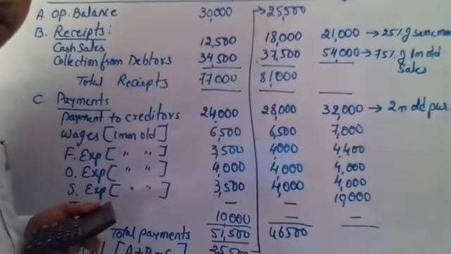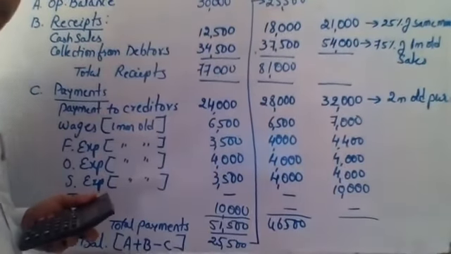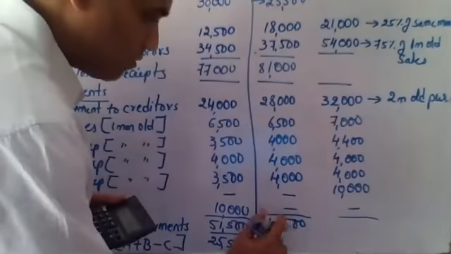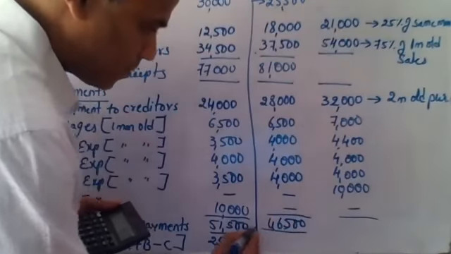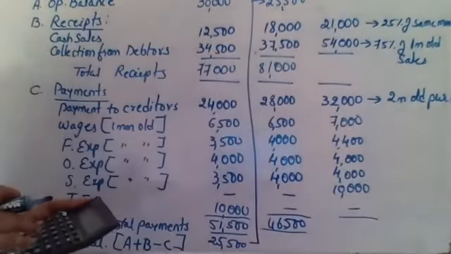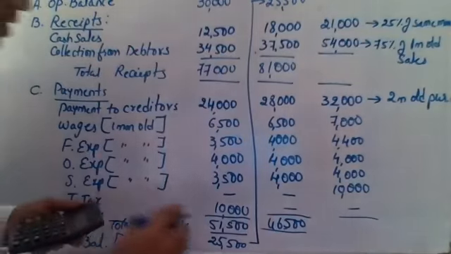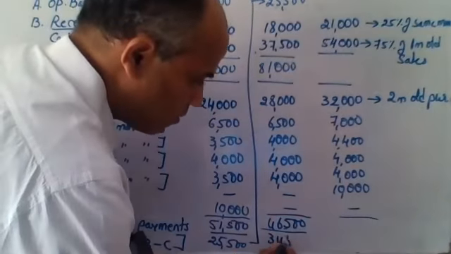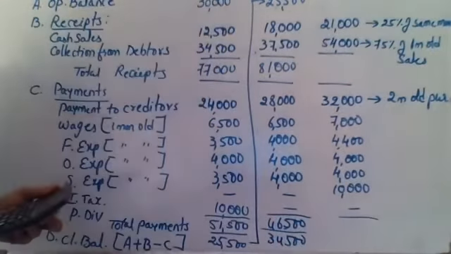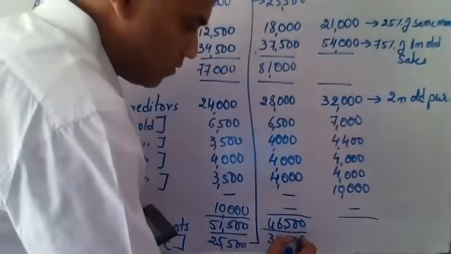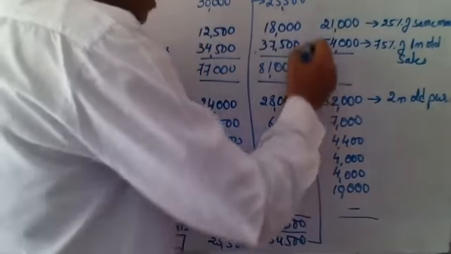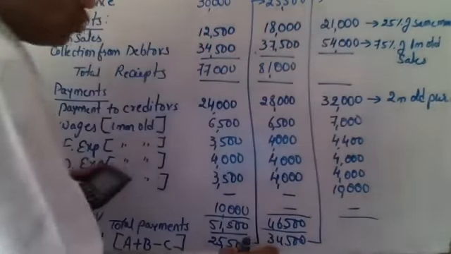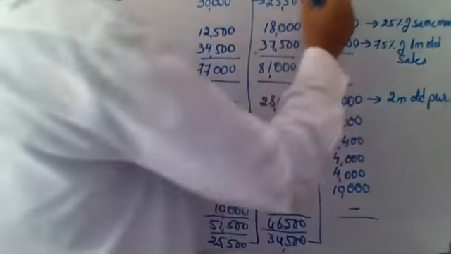So I have taken that above and now I'm writing 46,500 here. So 81,000 minus 46,500 gives me 34,500. Where do you take this 34,500? This 34,500 will become the opening balance for July. This is June's, right? June's closing balance will become July's opening balance.